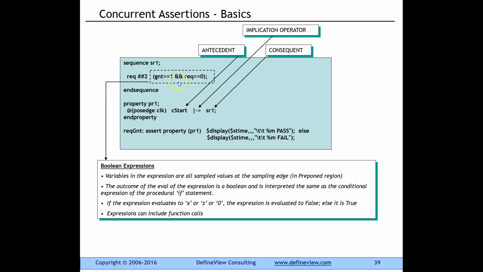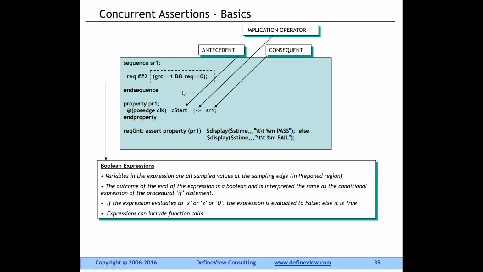And going back to this one, all I'm pointing out here is that it can be a very useful and very complex Boolean expression. And it's interpreted the same as a conditional expression of the procedural if statement. And just like a procedural if statement, if the Boolean expression evaluates to X or Z or 0, then it's considered to be false.